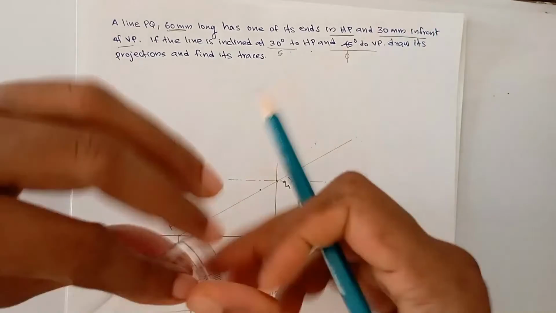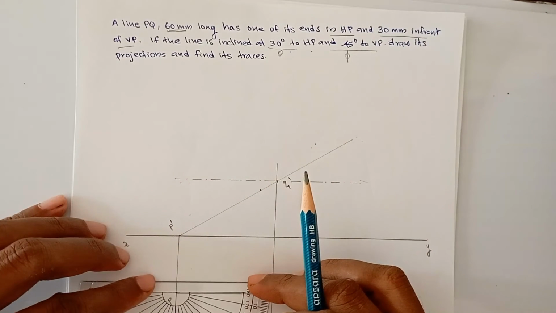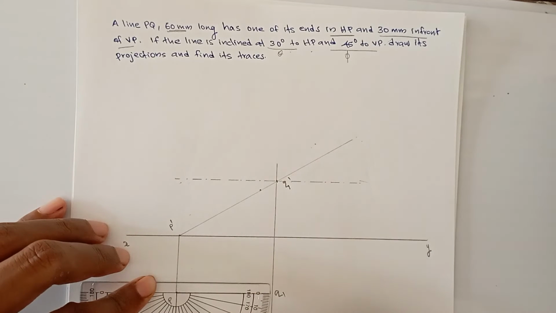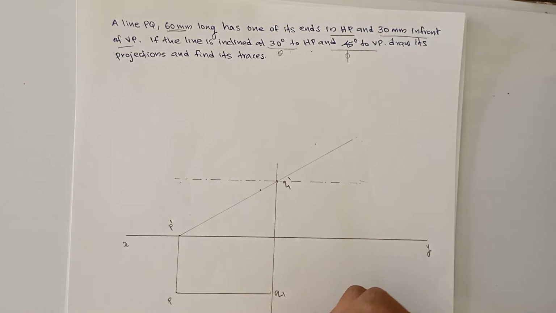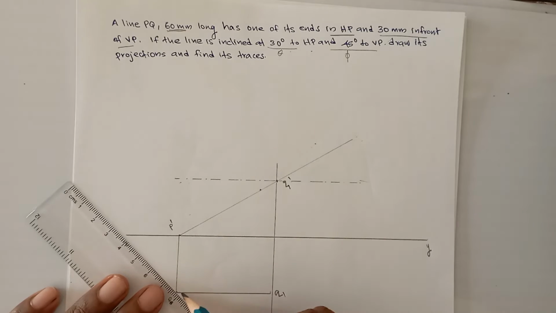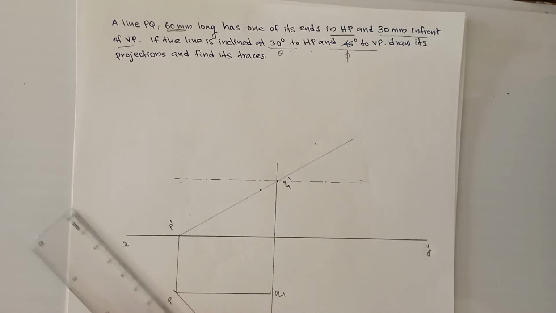So just measure 45 degree here. This is your true length. What about true length? It's 60 mm. So mark 60 mm. This is our 60 mm. And this is our trace point or location point, or location line.